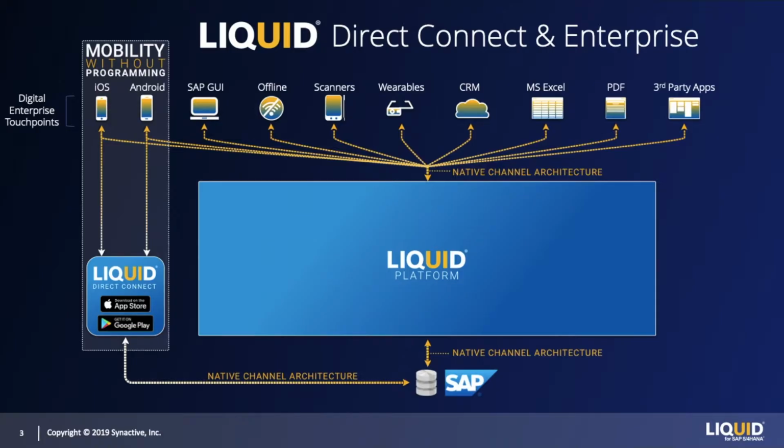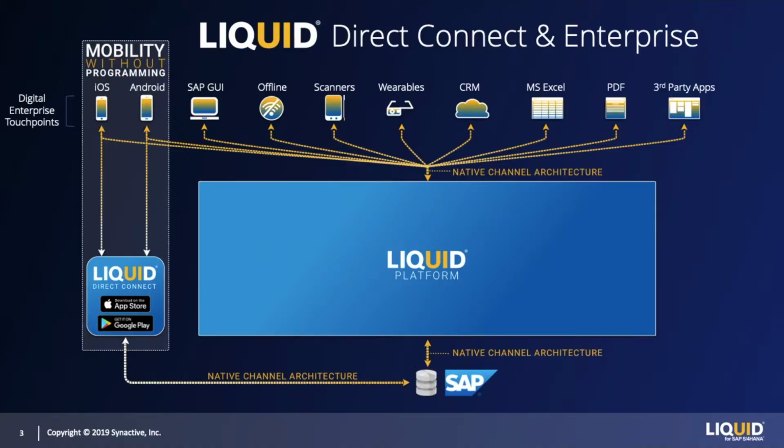You can think of Direct Connect as a SAP GUI that's been re-envisioned for iOS and Android devices. In other words, it's a SAP GUI that works on your phone by connecting directly to your SAP backend. And so there's no additional technology that's needed. Just download it as you would any other app from the Play Store or the App Store, and mobilize any transaction that's accessible on your SAP GUI, including Z transactions.